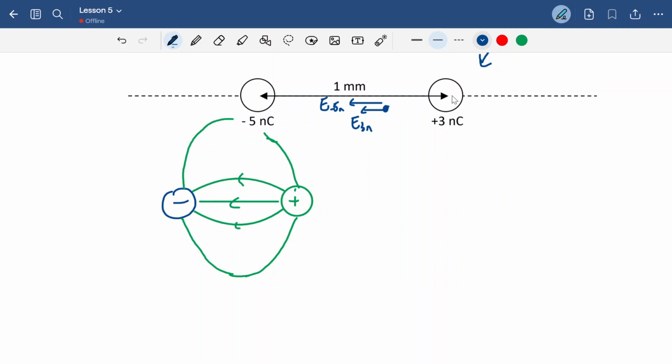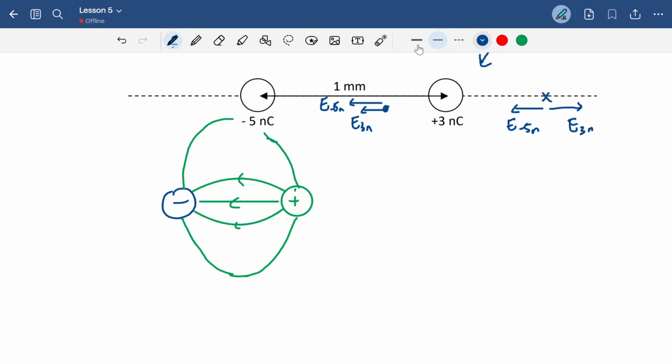So the neutral point will never be here. The neutral point is actually somewhere here. Why? Because in this case, due to the 5 nano, it's going to be here. Due to the 3 nano, it will be in the opposite direction. So neutral point, the net electric field must be 0.